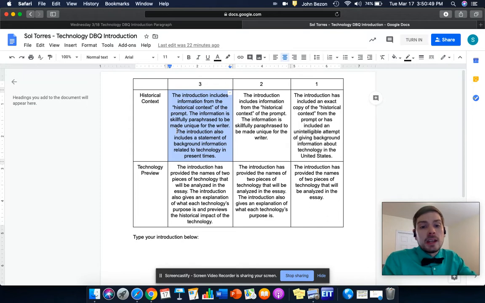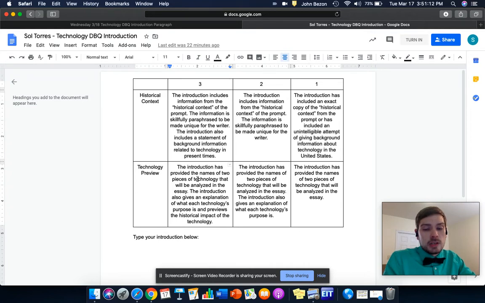All right, be aware of that. And then below, technology preview. The introduction has provided the names of 2 pieces of technology that will be analyzed in the essay. The introduction also gives an explanation of what each technology's purpose is, and it previews the historical impact of the technology. Again, I'm going to model below using a coffee maker and an air conditioner.